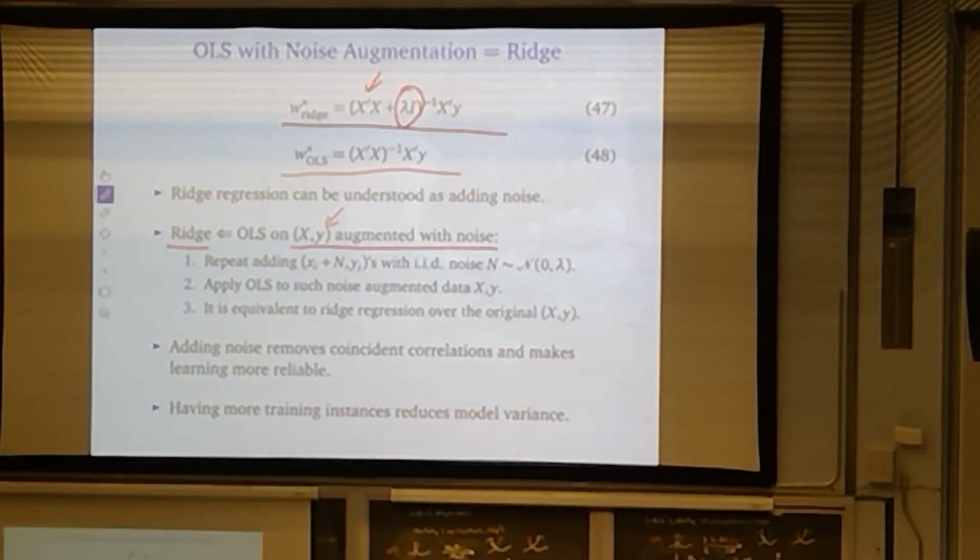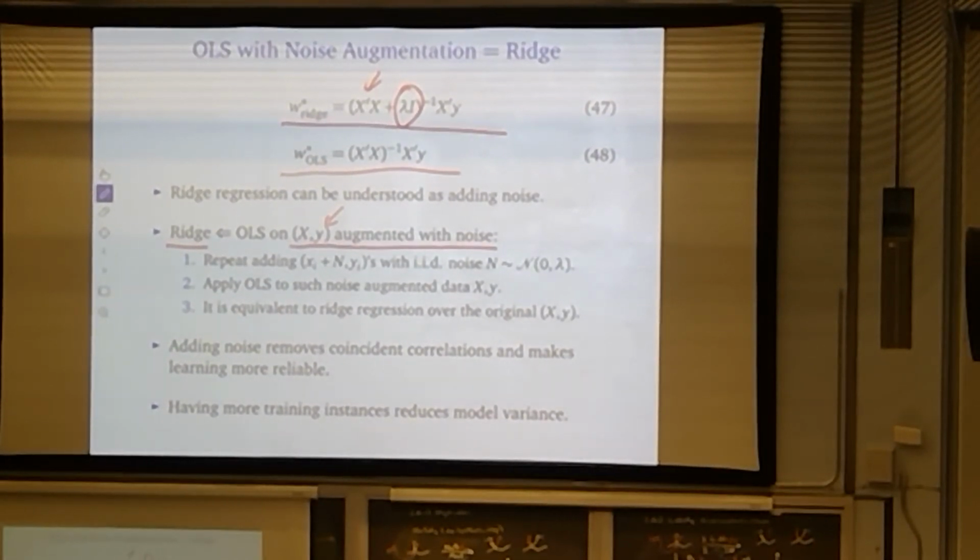What do we mean by that? We have original data, these points. We can engineer some noise. We ourselves create this noise variable with a variance lambda. If initially I have 10 points, let's say I expand it, each point becomes 20 points.